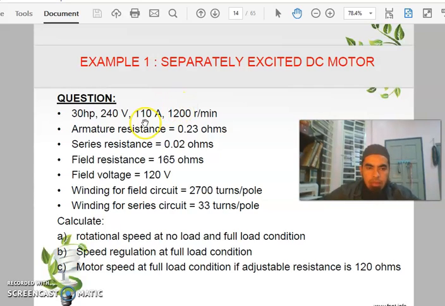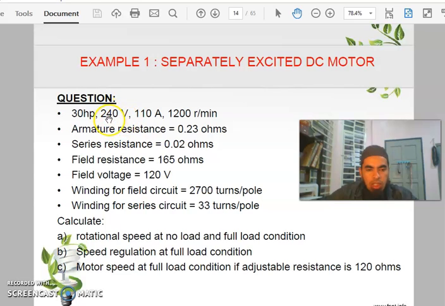We have here 30 horsepower, 240 volt terminal voltage and 110 ampere rated. So these are all the rated values. When we mention the characteristic, usually we have this kind of data from the nameplate of the motor. It means this is the maximum rating the motor can handle or operate.